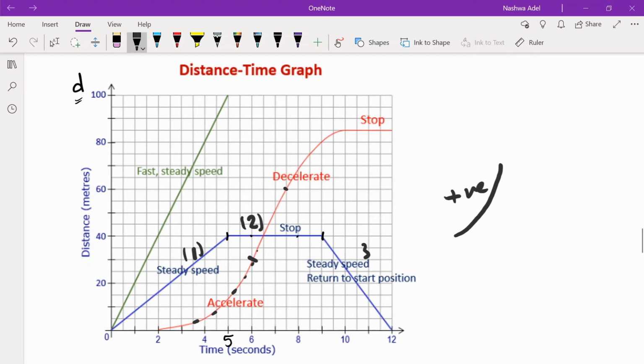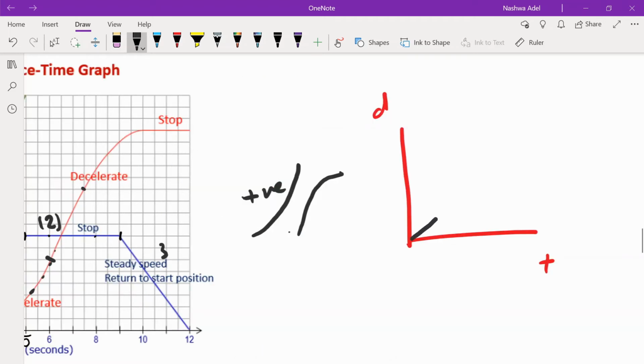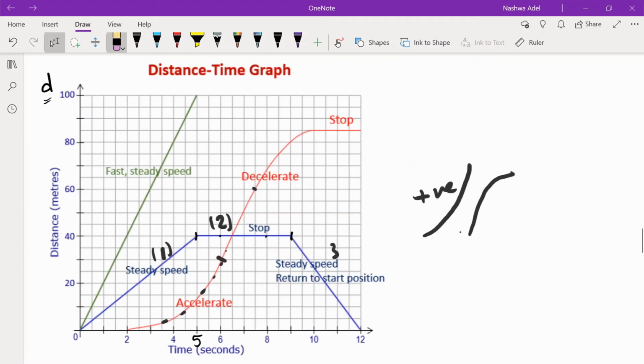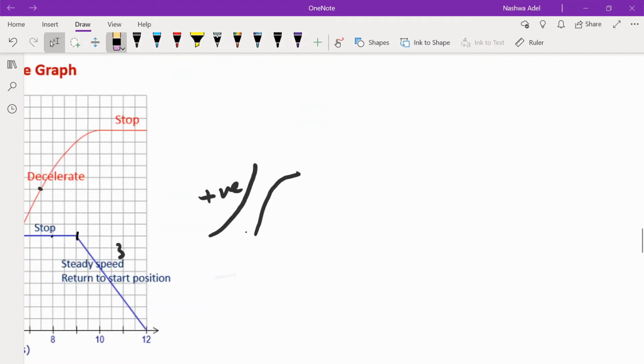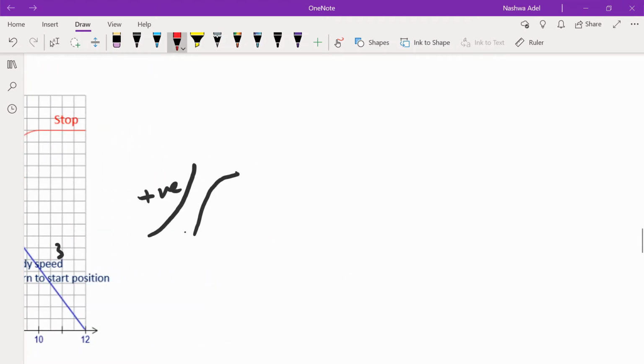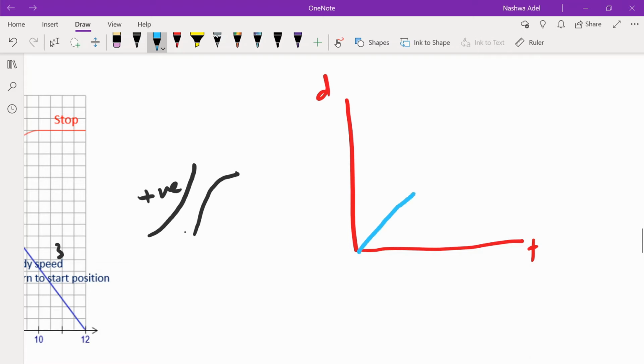So the shape of the curve of deceleration is like this. Okay, so we have this one, it is positive acceleration. We can draw them separately like this. Here is time. Negative acceleration: distance increasing at a small rate like this.